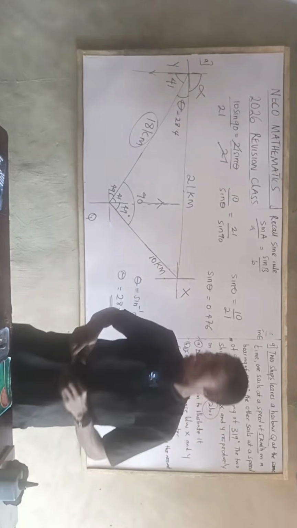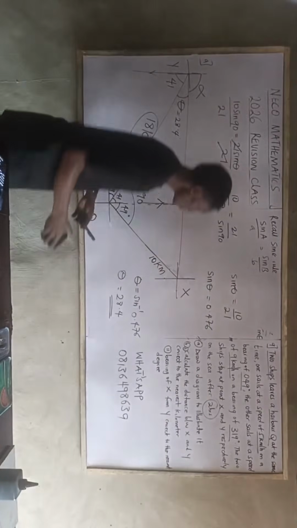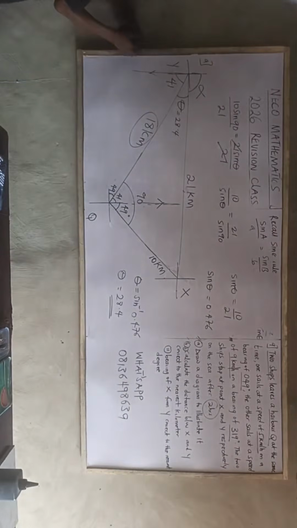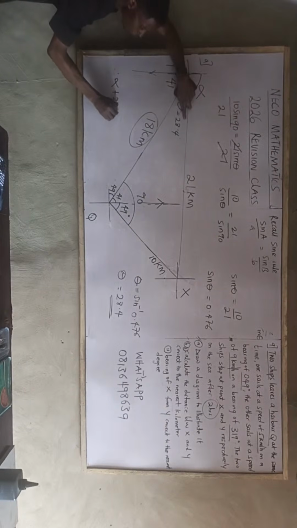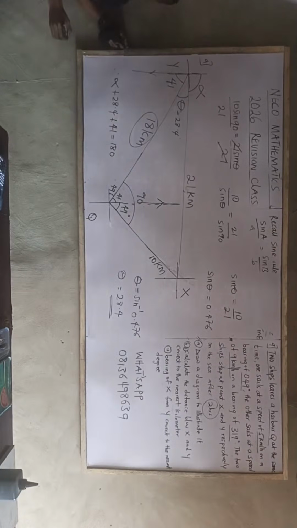All right. So we've been able to get that. So I can finally now say, since I have this 41, together with this theta that has just been gotten, together with my alpha, all to be on the straight line, I can say, therefore, that alpha plus 28.4 plus 41 all equal to 180. Quite easy, direct principle.